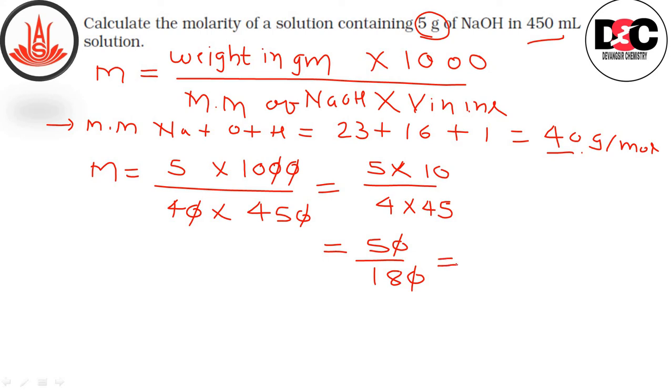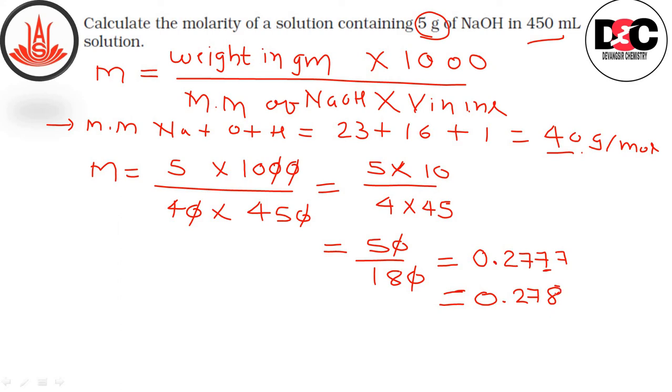You will be getting the answer 0.277, recurring. So you can write the answer 0.27, here one more you can add, so it would be 0.278.